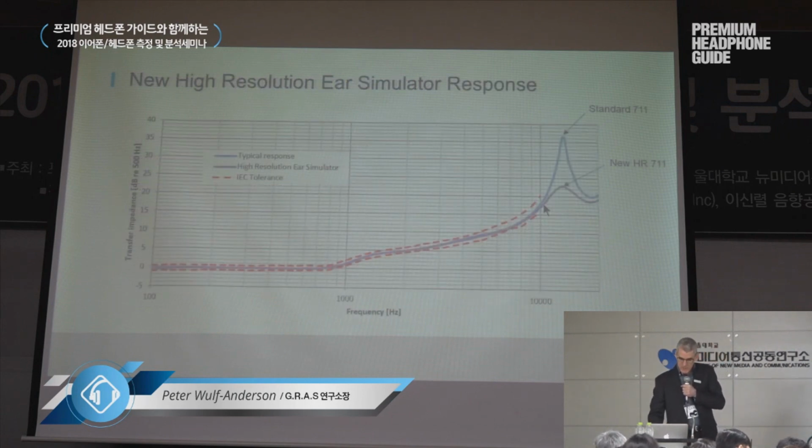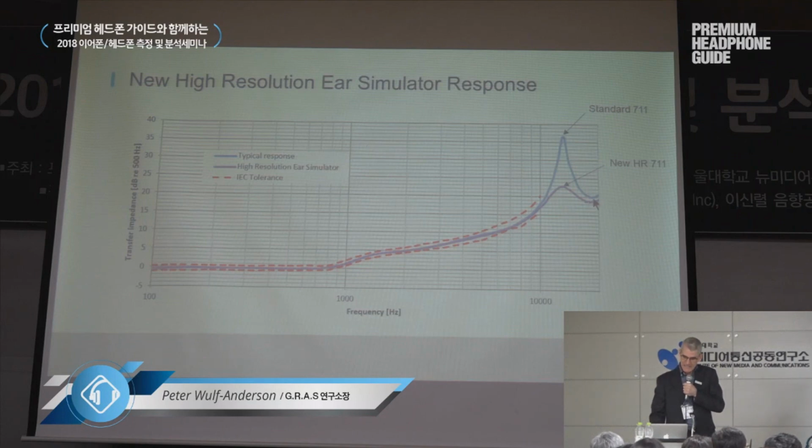So on this picture, we can see what we did. We have the standard 711, the traditional one with the sharp peak, and we just managed to dampen that peak. Very simple solution, but much more difficult to actually do. And this means that we now have just a tiny little resonance here instead of this very high Q resonance.